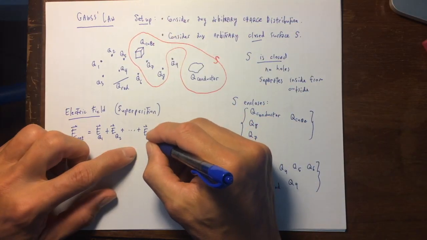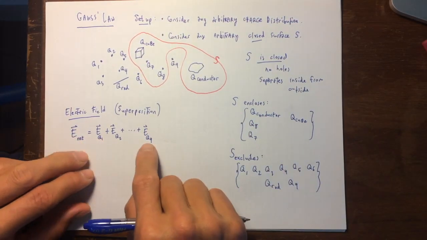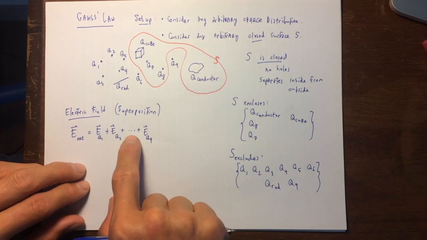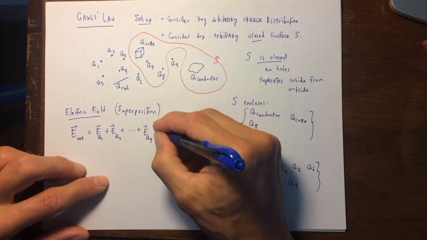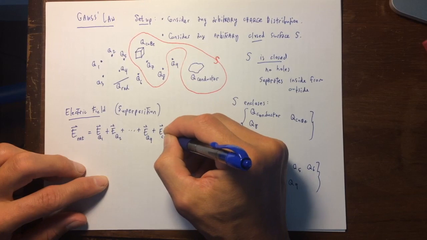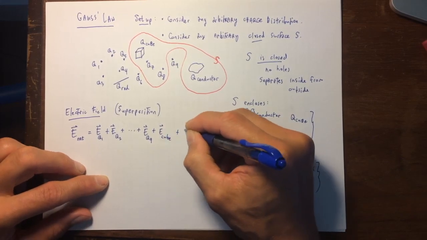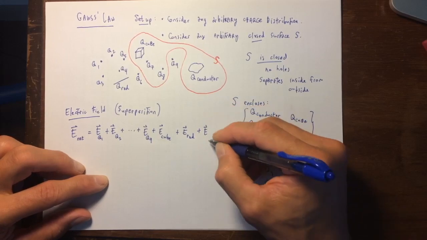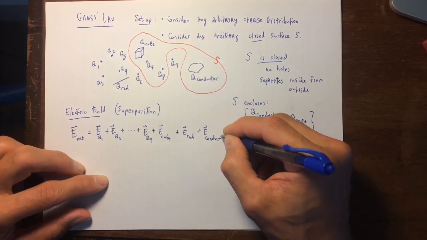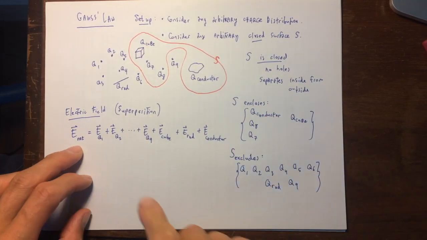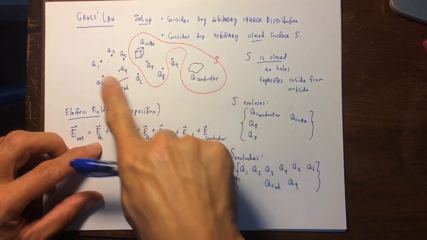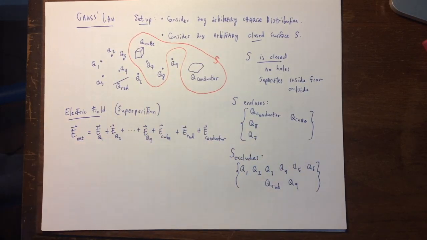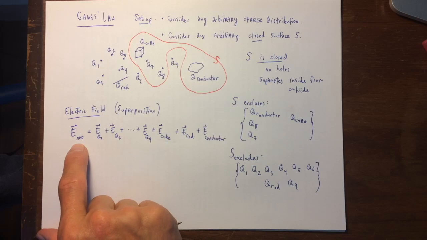There are 9 point charges, so I've included them with this dot dot dot, and then we'll add the special ones: the cube, the rod, and the conductor. So the net electric field in this case is quite complicated, right? But that's what the net electric field is.